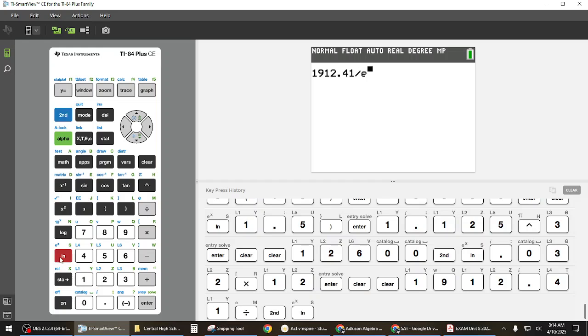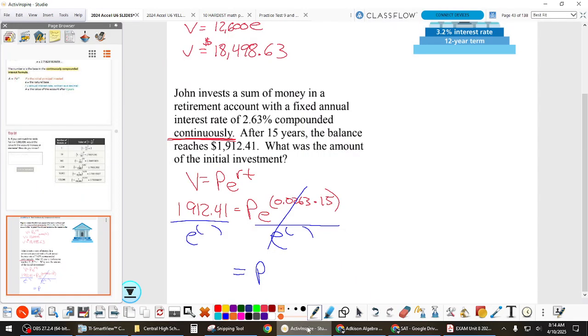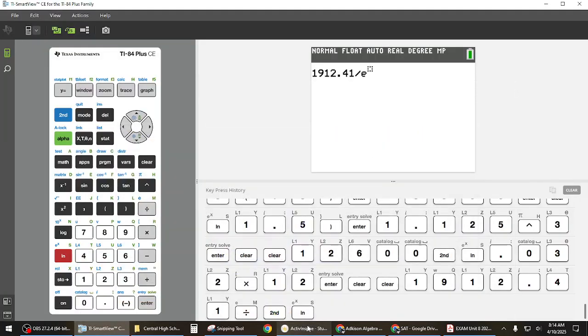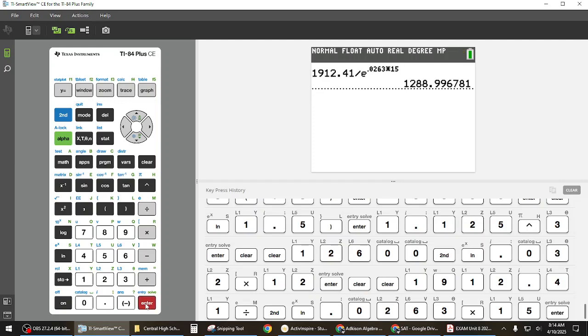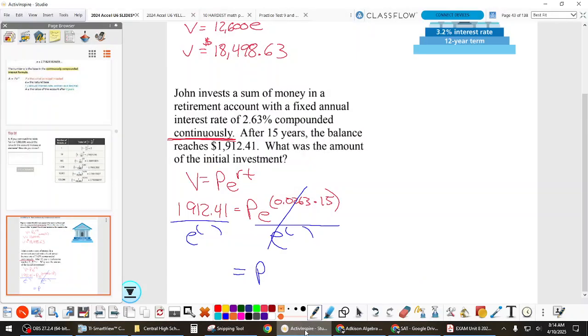So on this one, just be careful that your calculator's putting stuff in the right place. If it's like this one, it shouldn't be an issue, but I don't know everybody's calculator. And so he initially invested $1,289. We'll just round that.